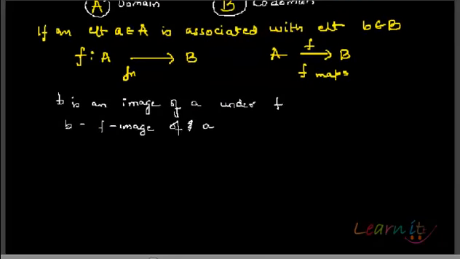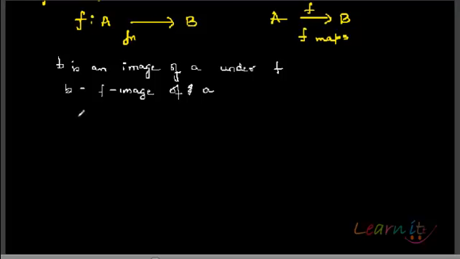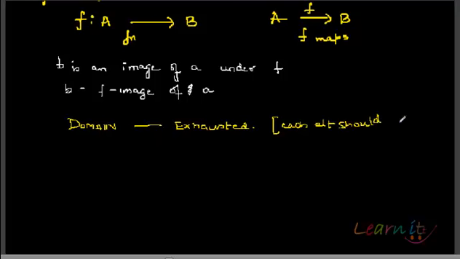You can't have free elements in the domain A. The domain elements should be completely exhausted. Each and every element of the domain has to have an image under the function f for that function to be valid. So no free elements in the domain.